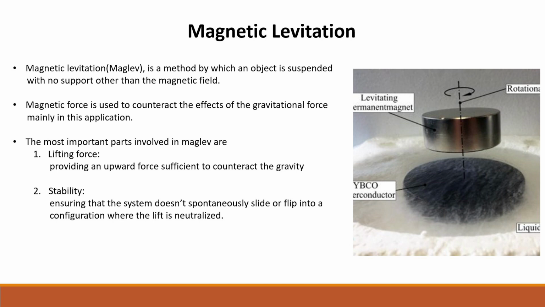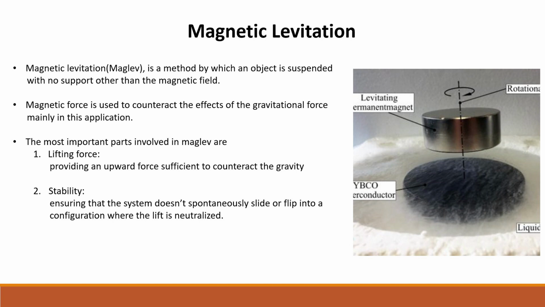You can see that there is no touch between the two magnets, because it is a superconductor, and for a superconductor we have to lower the temperature to a value so the characteristics of the superconductor can be revealed.